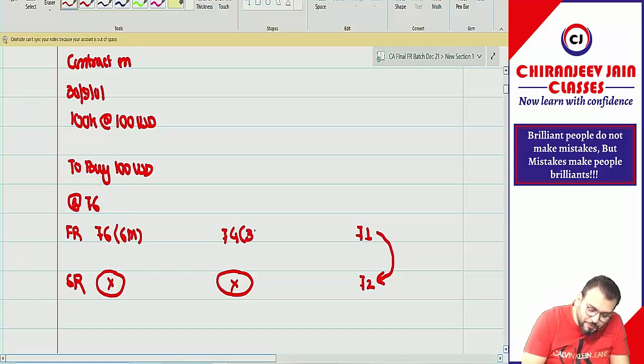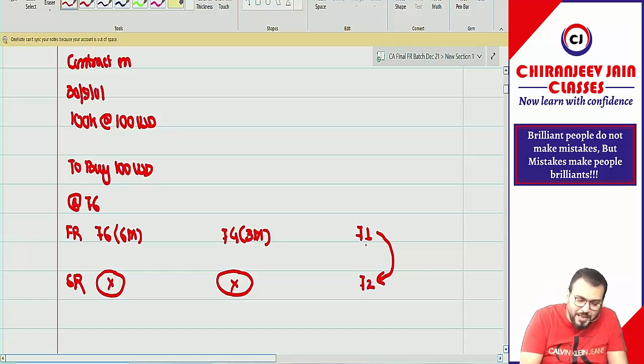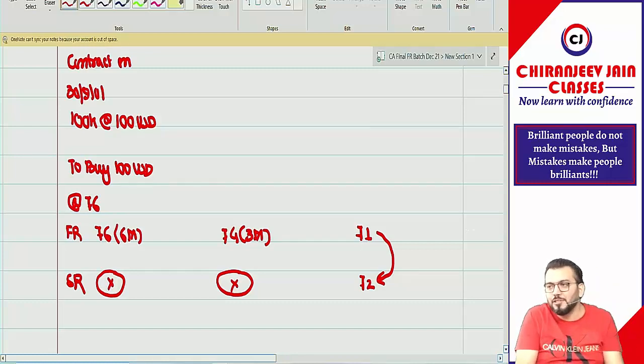This forward rate for how many months? 3 months. And 71 cannot be forward rate because this is the settlement date. So this will be 0 month only. And from my point of view, as per whatever practical knowledge I have, this should be same only. But I don't know why they have given different.